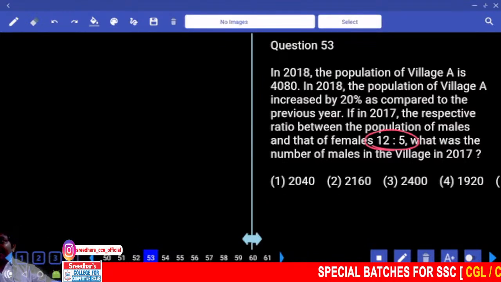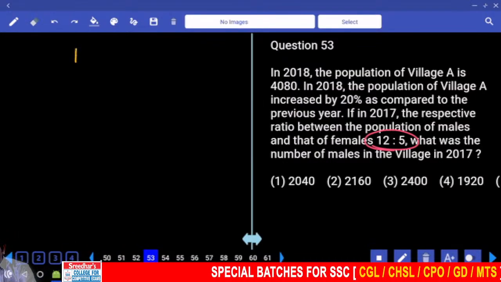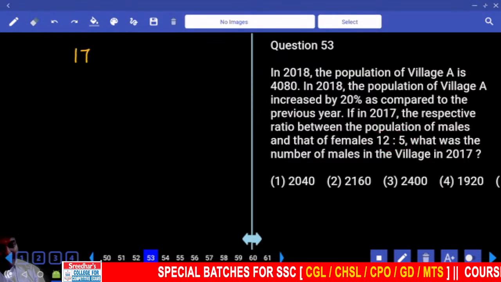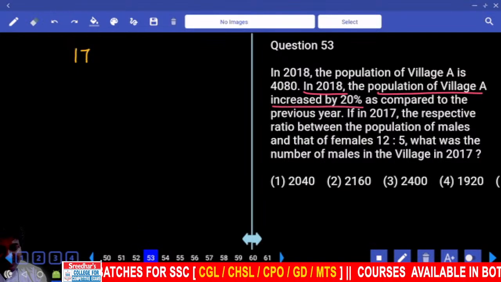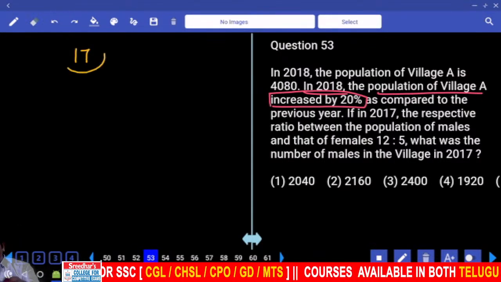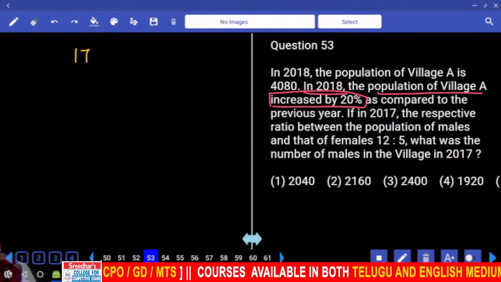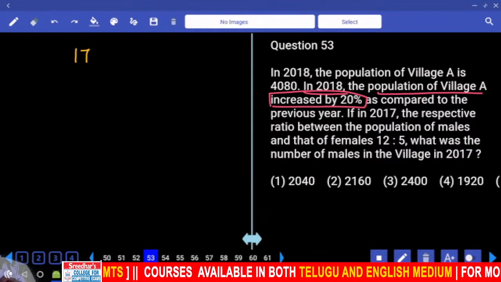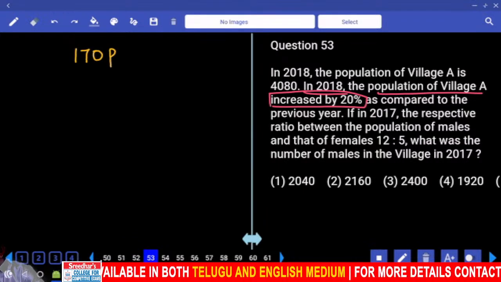In 2017, in total how many people are there? 17 parts, correct? From 2017 to 2018, the population increased by 20% on 17, will you get a decimal or not? So I don't want to start taking with 17. Instead, I'll start taking 170 parts.